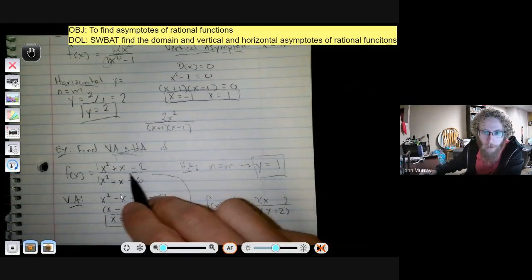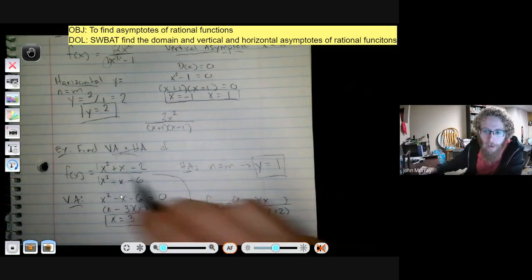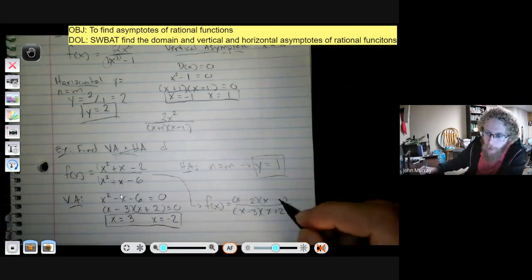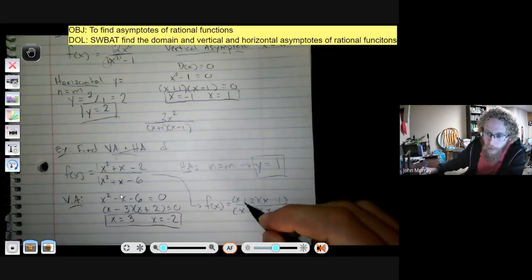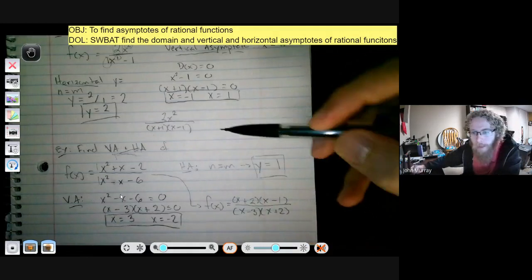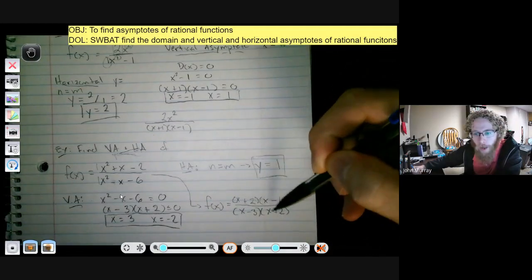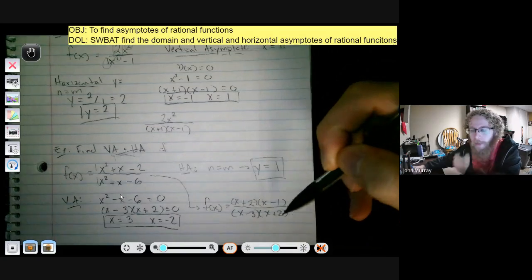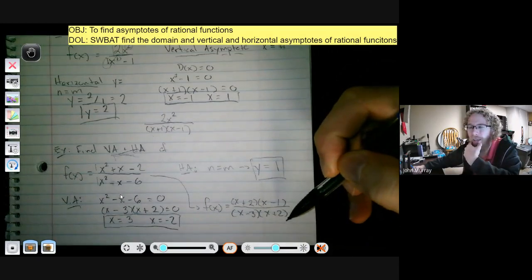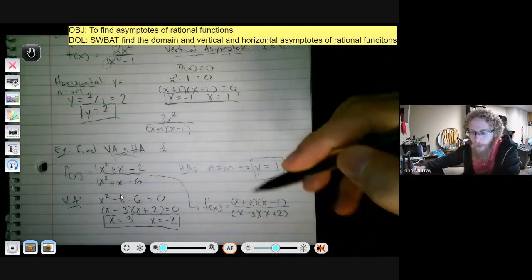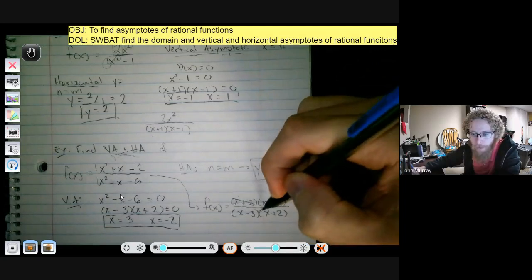They multiply to -2 and they add to +1. My only factors of 2 are 2 and 1. This one's going to be positive, that one's going to be negative. Here, our numerator and denominator have a common factor, so we remove them.